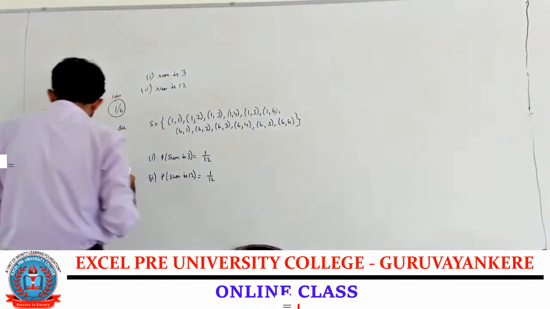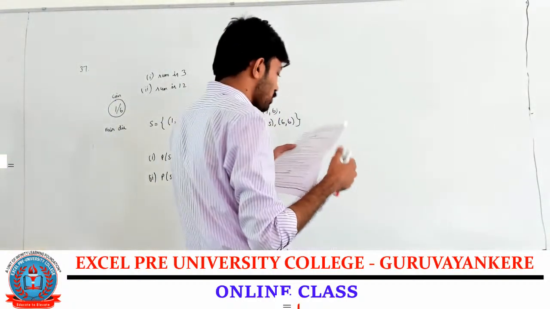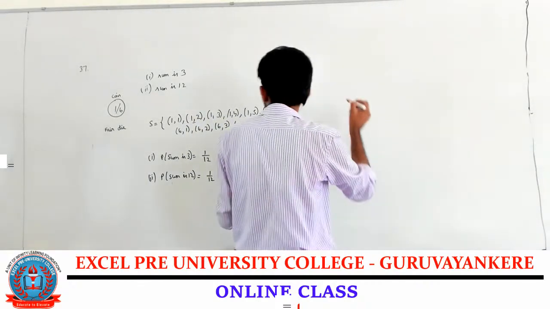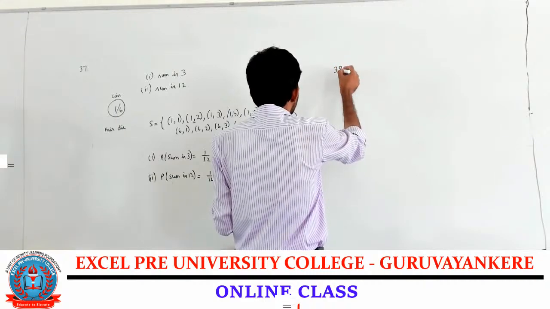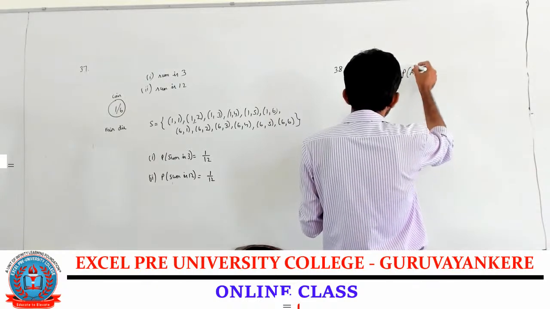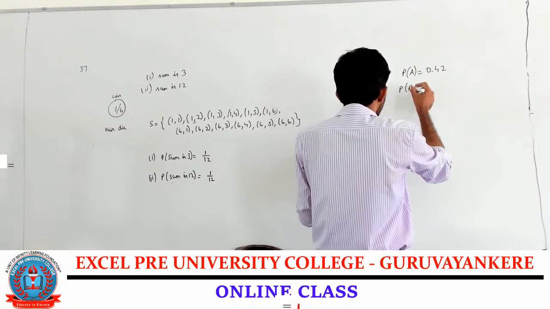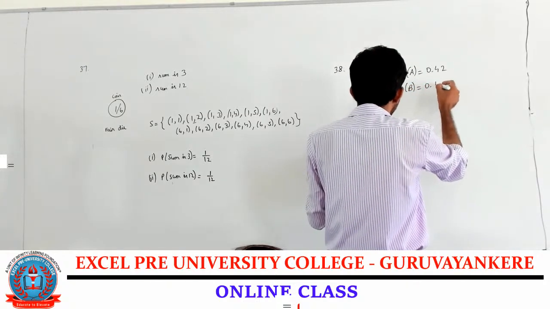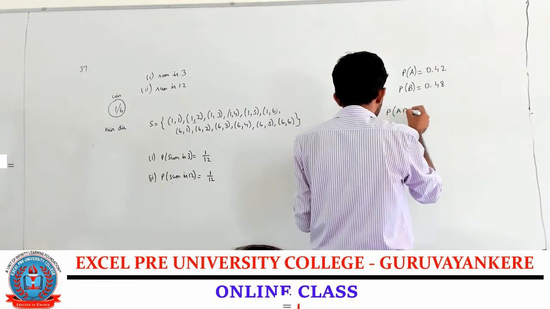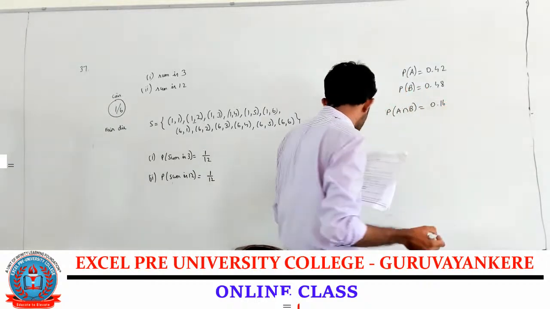A and B are events such that P of A is 0.42, P of B is 0.48, P of A intersection B is 0.16.